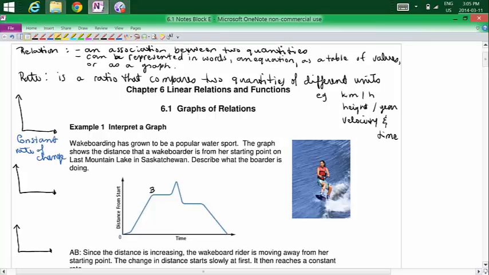Okay, and when you graph that, that means you're going to have a straight line that goes up in this direction, or it could go down too. Like this. Okay, that would be the red line, right?